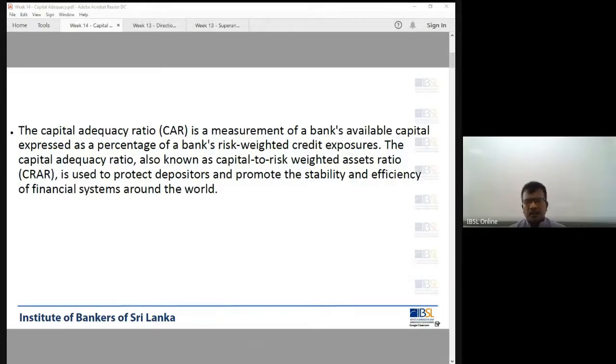Now, three people come to a bank to get loans. The first person wants to get a loan against his own fixed deposit. Customer A has deposited 10 million in the bank. Against that 10 million, his own fixed deposit, he wants 2 million as a loan. Customer B wants a leasing facility of 2 million for a school van.